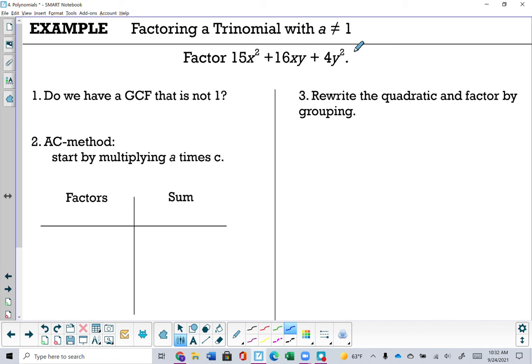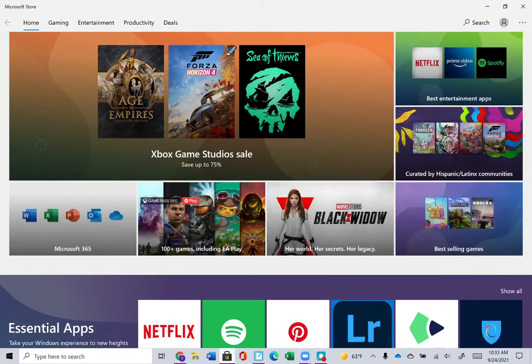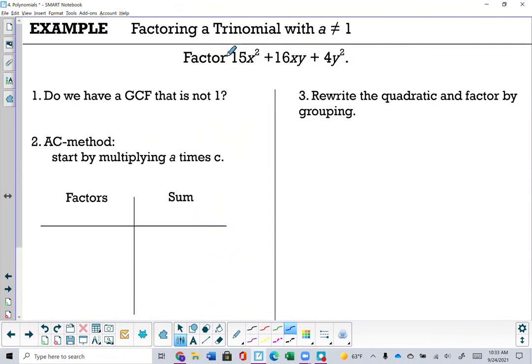And then going in the opposite direction, we have y squared, y to the first power in the middle, and then no y. Even though each of these has a degree of 2, it's standard to write it this way when you're factoring a quadratic. So, do we have a GCF that is not 1? No.